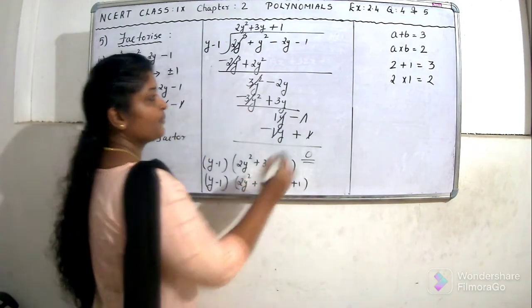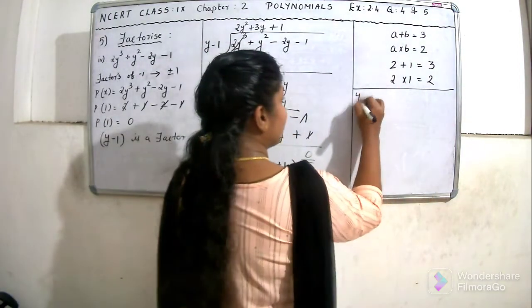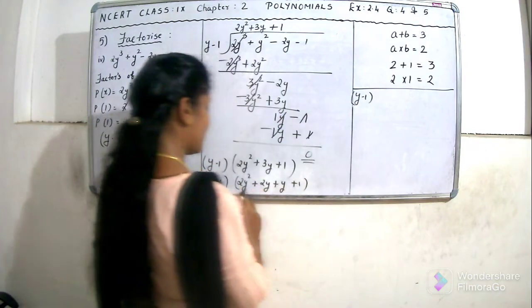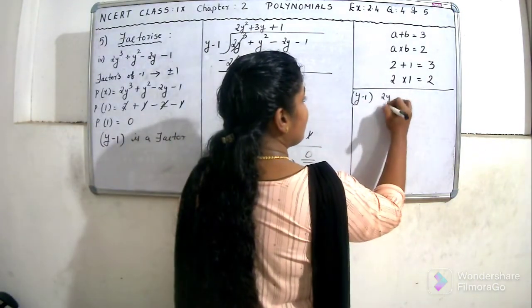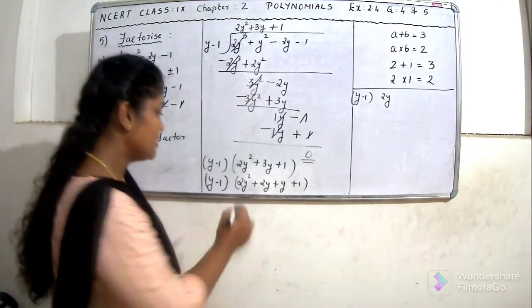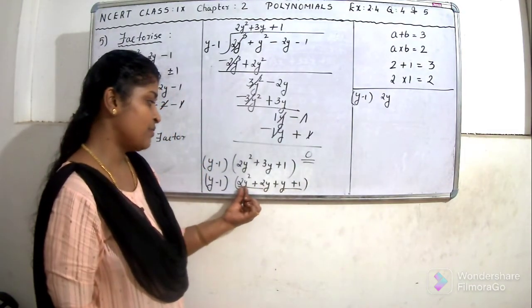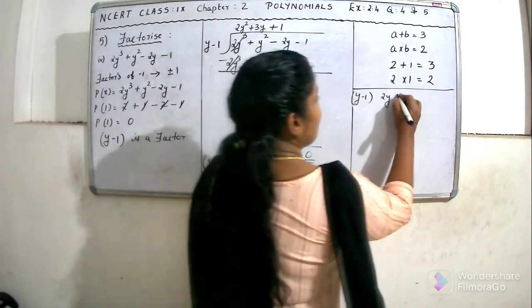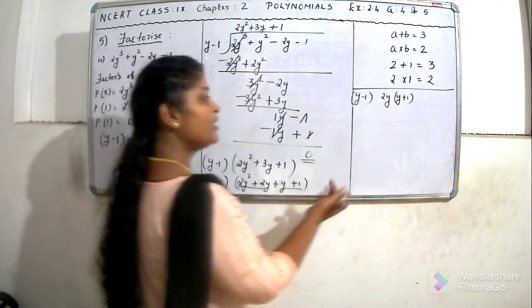Now grouping. So when we are doing the grouping, first bracket as it is. Okay. Now grouping, we can take 2y outside. Then these are the two groups. So here 2y outside, here y plus 1 is balance. Now here already y plus 1 only.